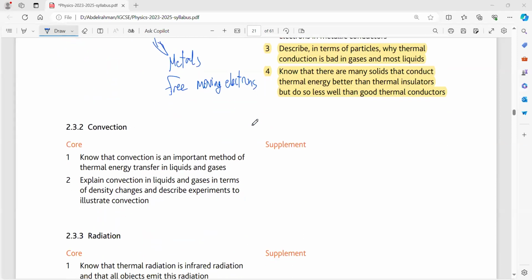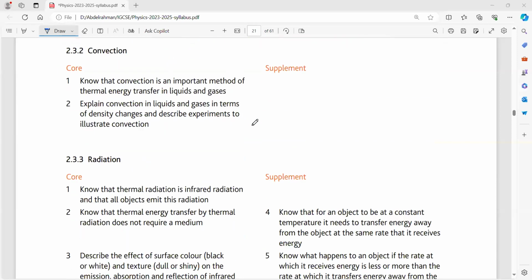Convection, which was easier, harder, I don't know, maybe. Know that convection is an important method of energy transfer in liquids and gases. What happens in convection as the temperature increases? The kinetic energy increases. So when the kinetic energy increases, the volume also increases.